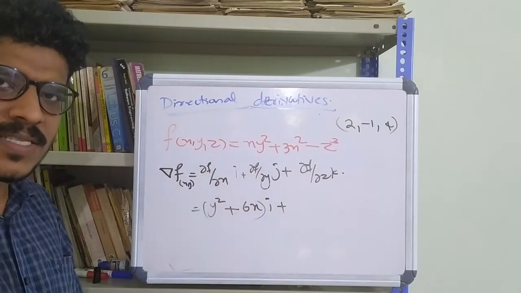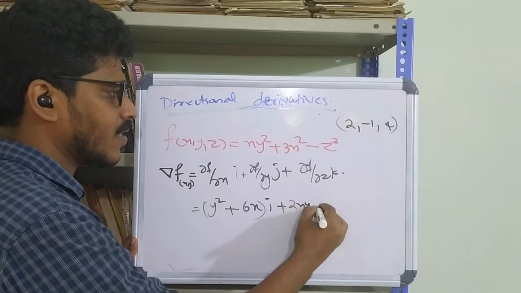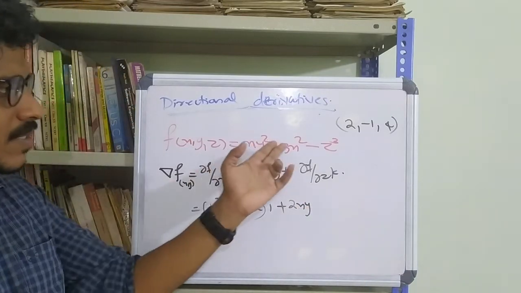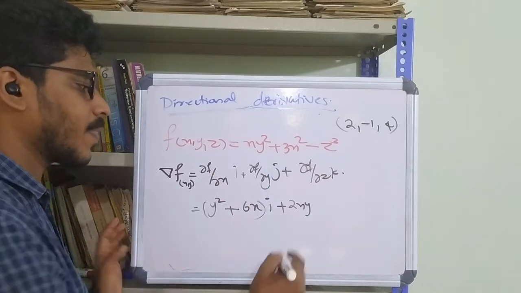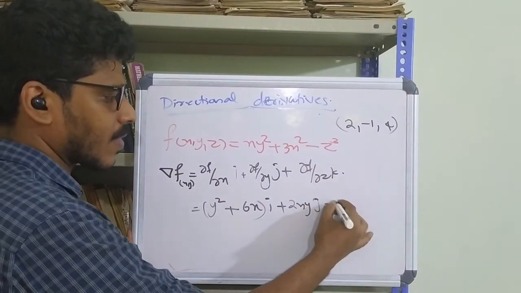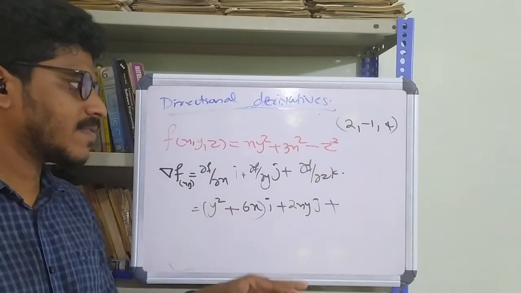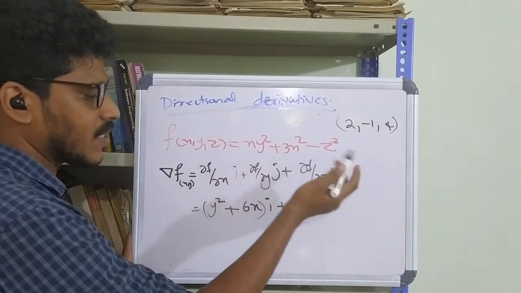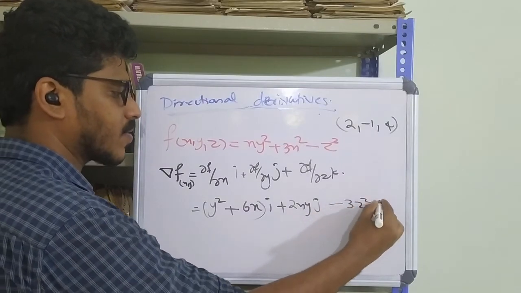We keep x and z as constants and differentiate with respect to y. So 2xy is fine. Both other terms are independent of y, and the derivative will be 0 for that reason, j, plus dou f by dou z. We keep x and y as constants and differentiate with respect to z. This gives 0, 0 and minus 3z square k.